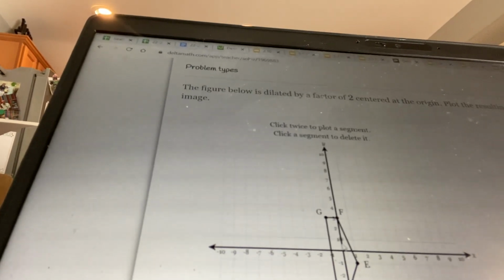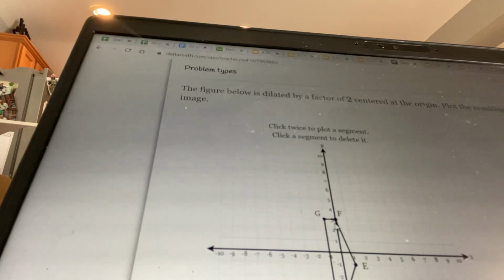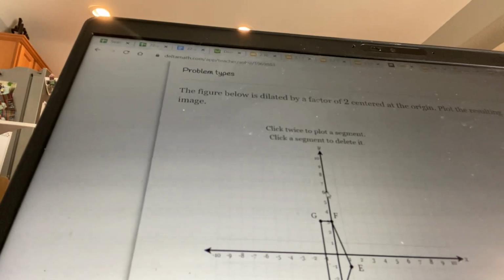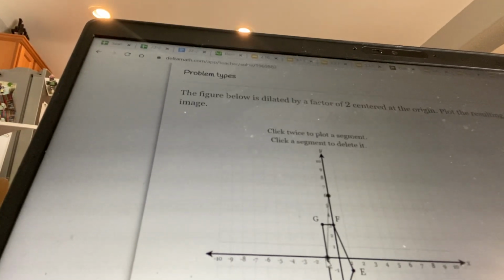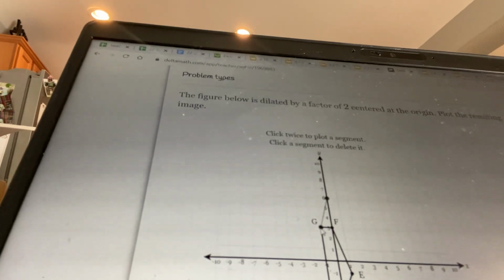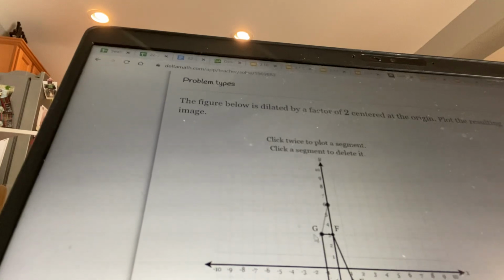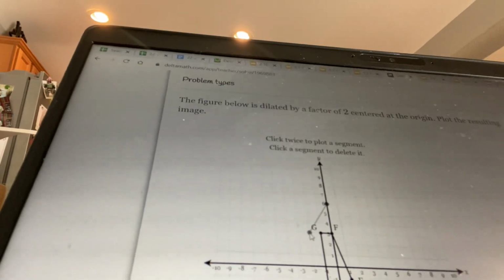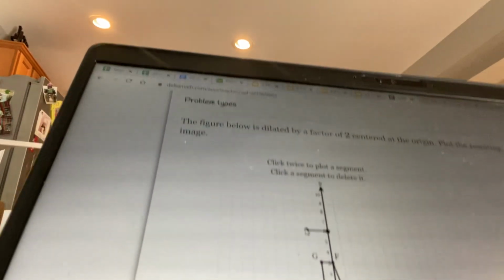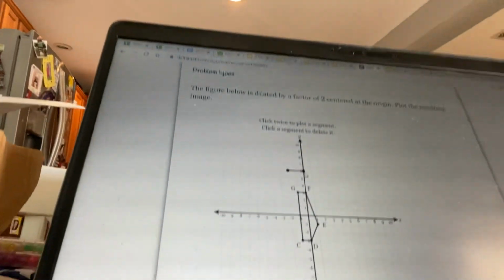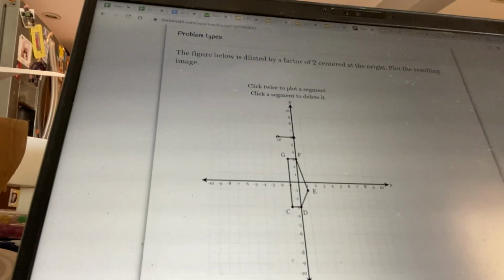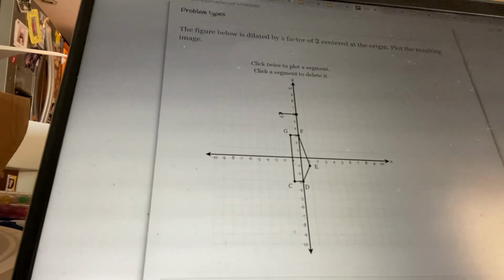So this is F, and it's at 0, 3. So 0, 6 would be double that. Here's G, and it's at -1, 3. So I multiply the -1 by 2, that's -2. I multiply the 3 by 2, that's 6. So there I have my new F prime, G prime up there at the top.